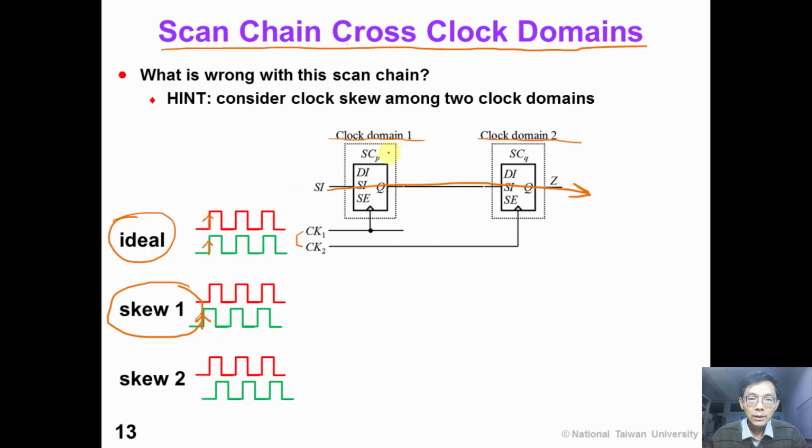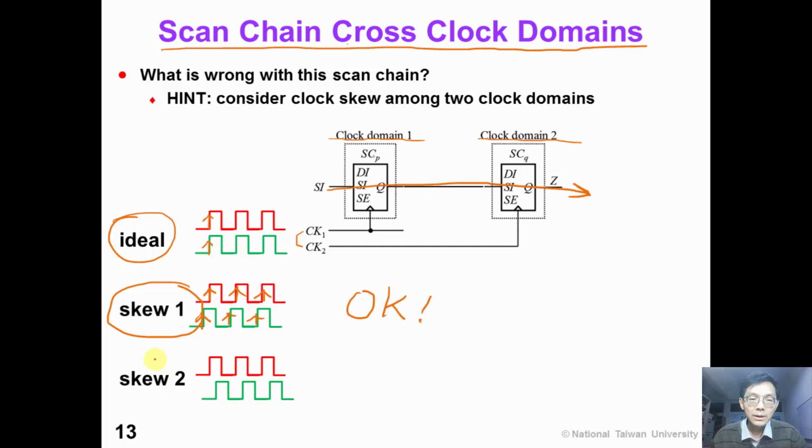In this way, the data will be transferred from scan cell P to scan cell Q at the rising edge of CK2. And then at the rising edge of clock 1, new data will be shifted in to scan cell P. And we can repeat this without any problem. So in this case, the scan cell works fine.